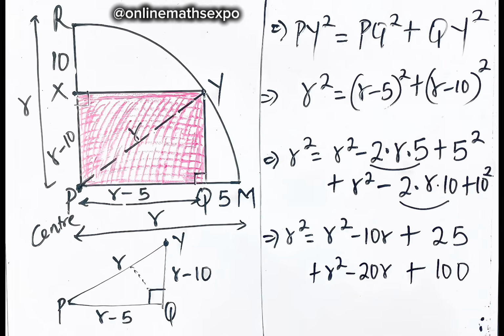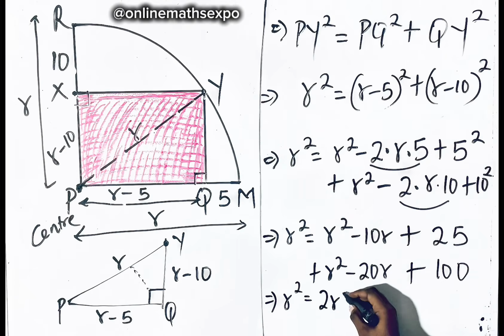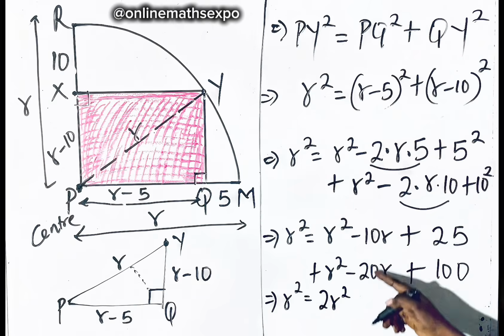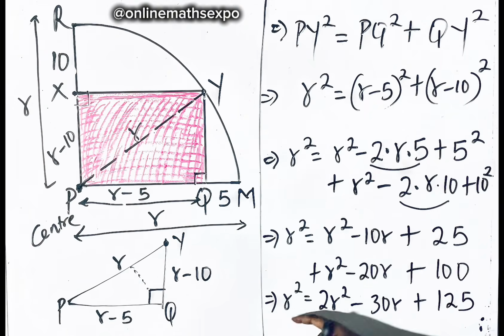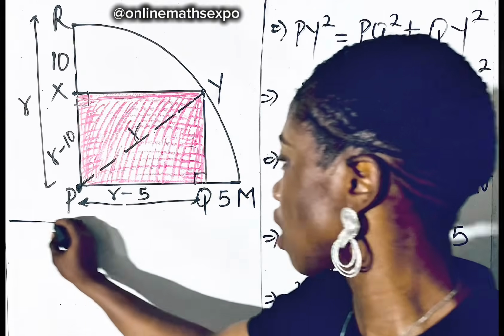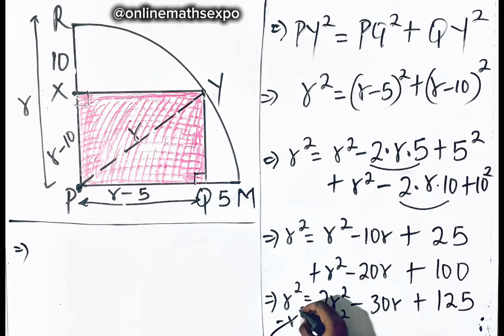Now what should we do next? Let's simplify. We have R squared is equal to R squared plus R squared, which gives us 2R squared. Add these two, it gives us negative 30R. Add this, it gives us 125. Now what do we do next? Let's take this R squared to the right. Because it's positive, you subtract R squared from both sides. This gives us R squared minus R squared is 0.